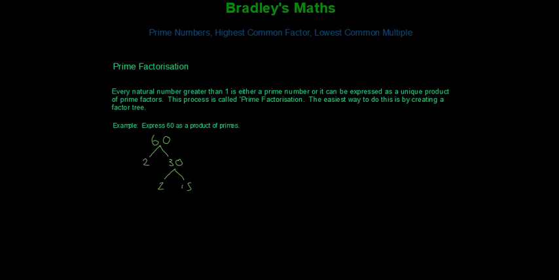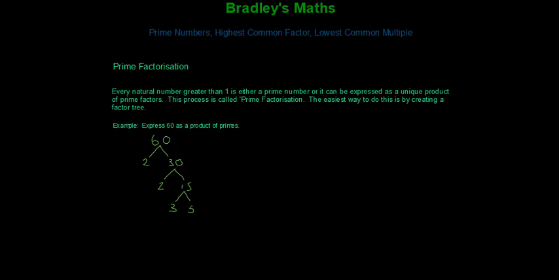The lowest prime number that divides into 15 is 3, and it goes 5 times. 3 is a prime number, 5 is a prime number.